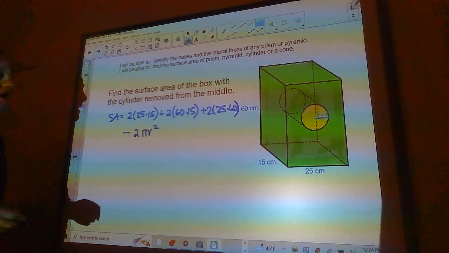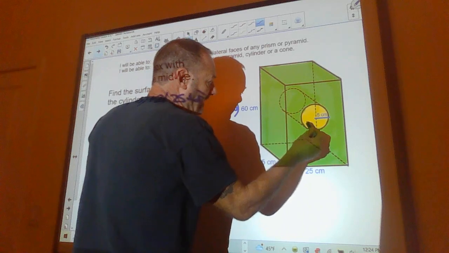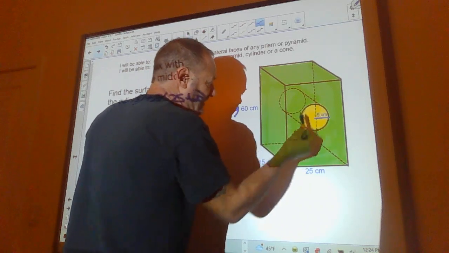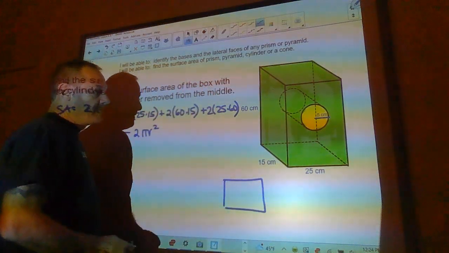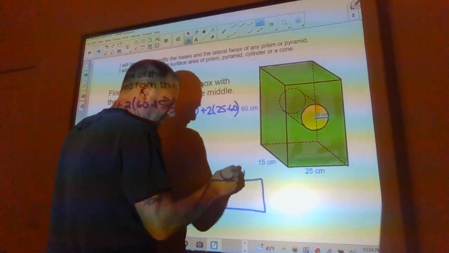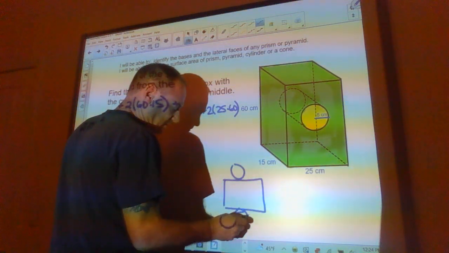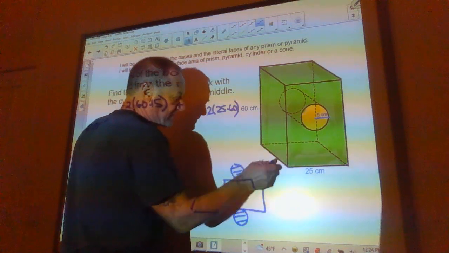Okay. But also when I drill this hole and I eliminate these circles, I open up the inside of this cylinder. Okay. So the cylinder looks like this. Okay. So the circles here is what we cut off of this thing. The height of the cylinder is this distance right here.